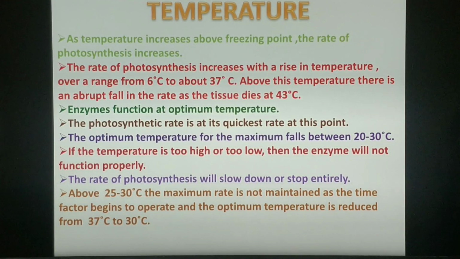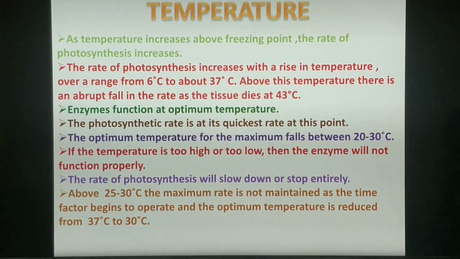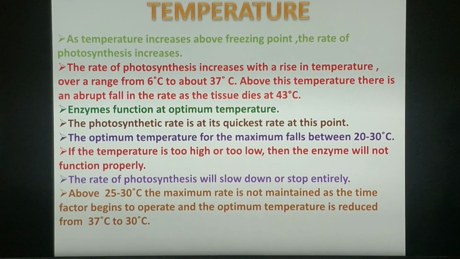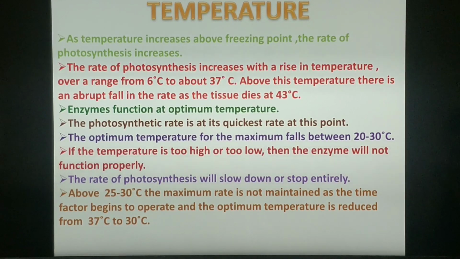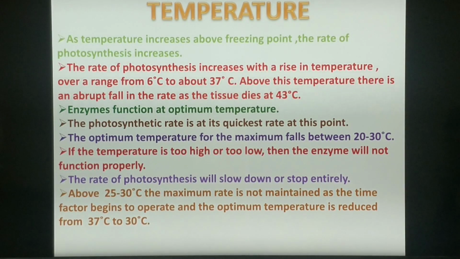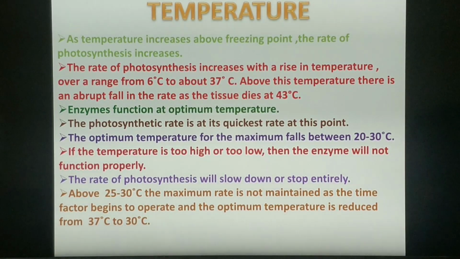The rate of photosynthesis will slow down or stop entirely. Above 25 to 30 degrees Celsius, the maximum rate is not maintained as the time factor begins to operate and the optimum temperature is reduced from 37 degrees Celsius to 30 degrees Celsius.